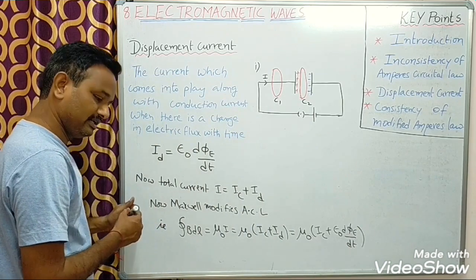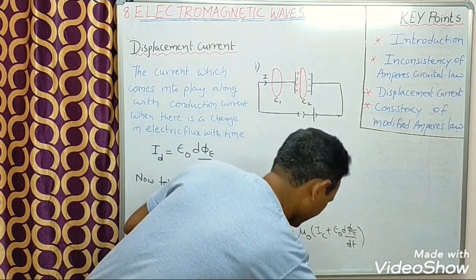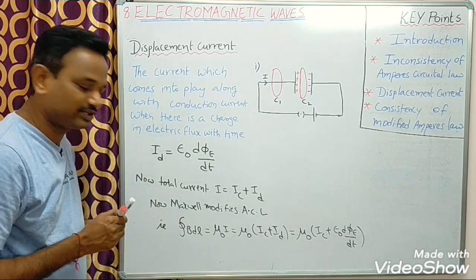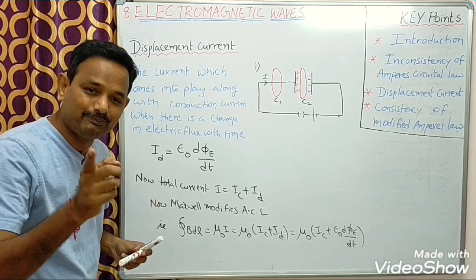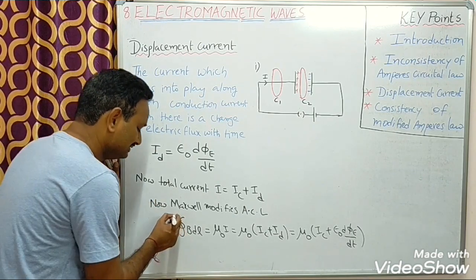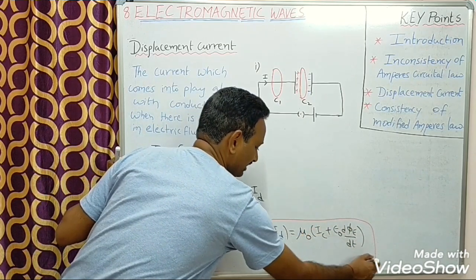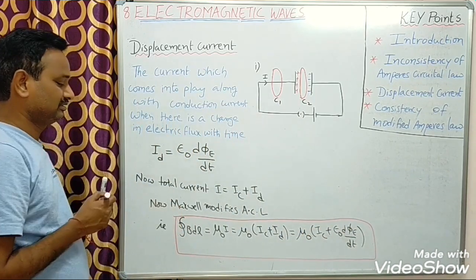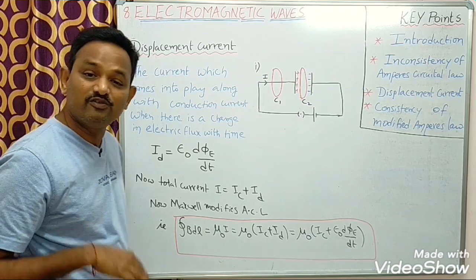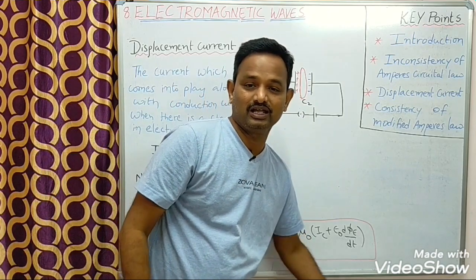So here Maxwell modified Ampere's circuital law with displacement current. So we got the equation here. That's about the modification of Ampere's circuital law.